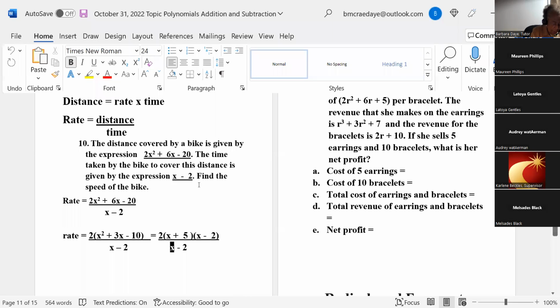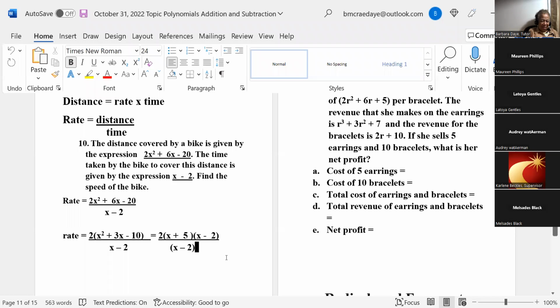Maybe if I put it in parentheses, you'll see it. What's common in the numerator and the denominator? What's the common expression? Something in parentheses. Parentheses. You said it.